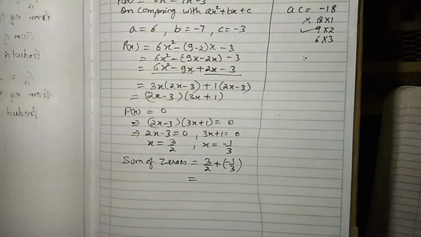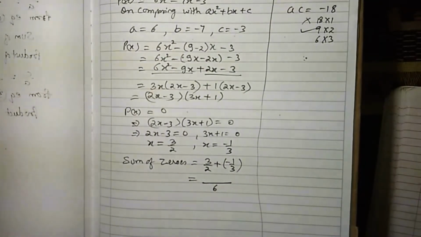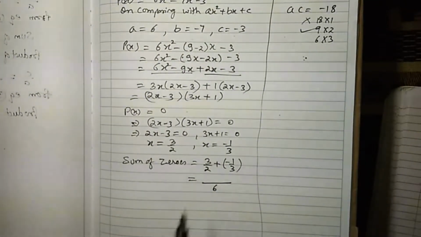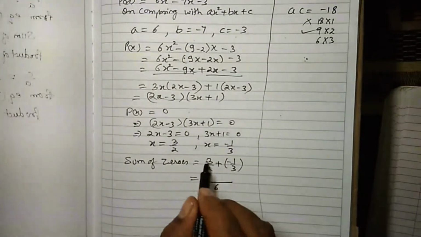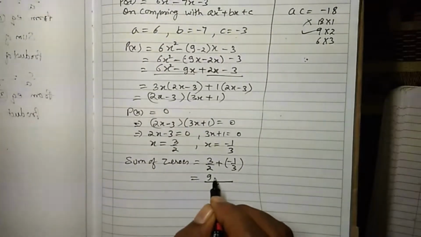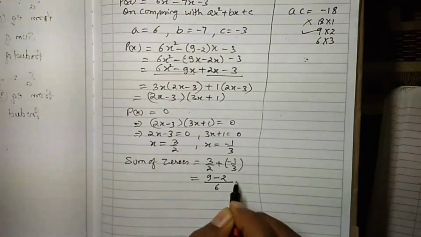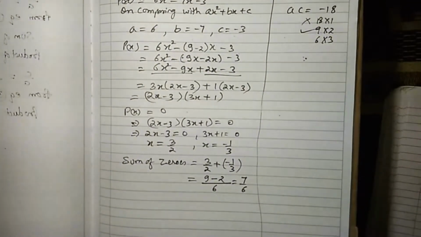So what you will get is 6 as the LCM, and above you will get 9 because you will multiply this with 3 and this with minus 2. So we will get minus 2. This is equal to 7 upon 6.